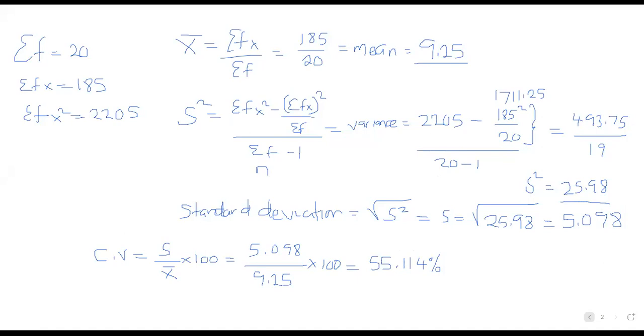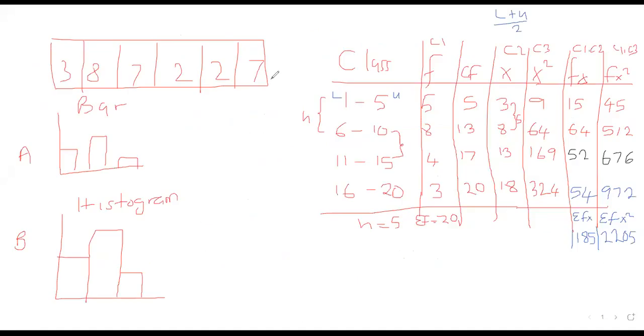Then you'll be asked to draw a histogram. In this case, you notice one thing: the histogram must have a certain projection. 1 to 5, then you start from 5 to 10, and then from 10 to that number. The number that you're ending with must be your starting number.